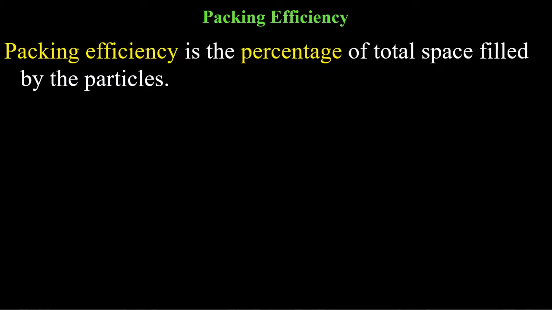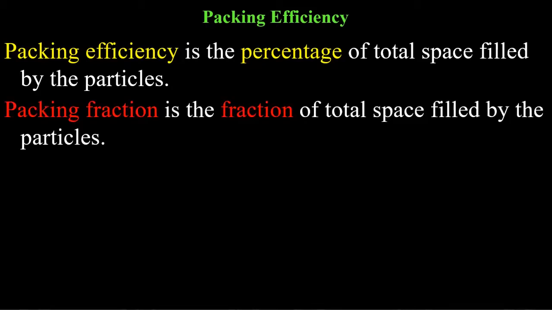So in all these, in total, how much space is occupied percentage wise, that is called packing efficiency. So packing efficiency is the percentage of total space filled by the particles. Because it is a percentage, if we calculate for one unit cell, it will be the same for the whole lattice. So we will be calculating it for one cell. Packing fraction is the fraction of total space filled by the particles.